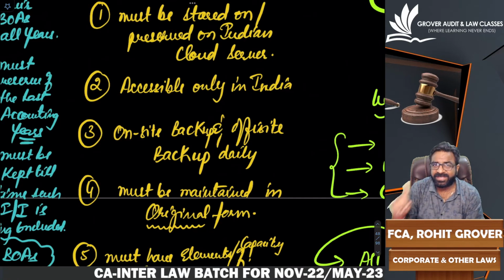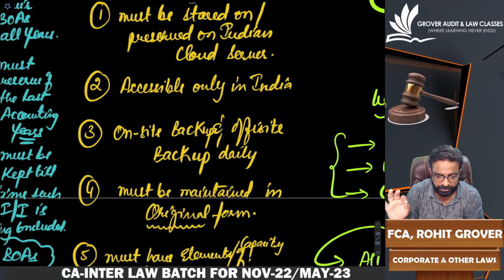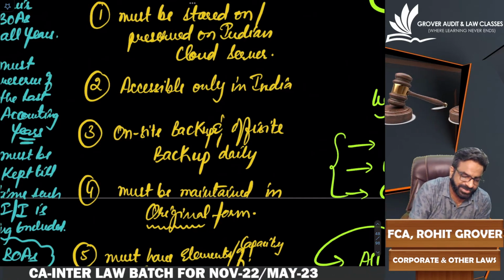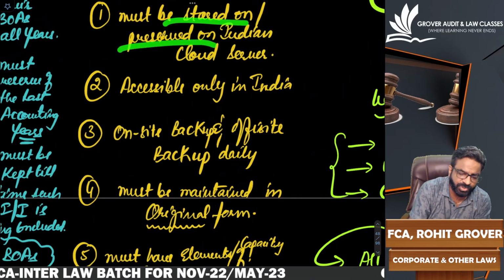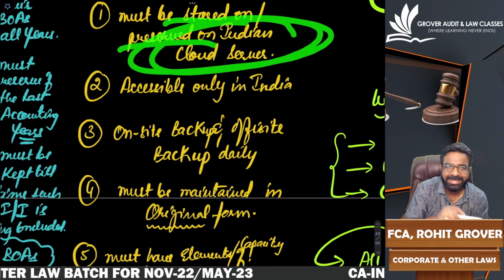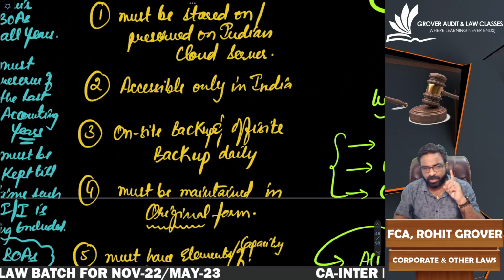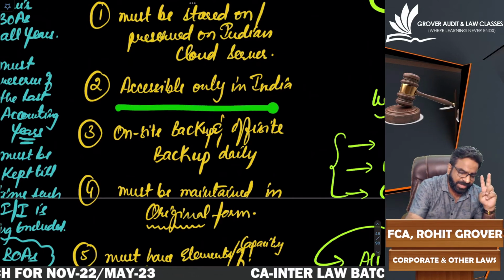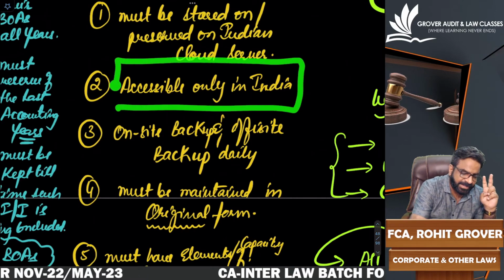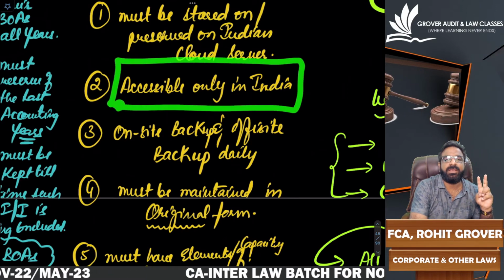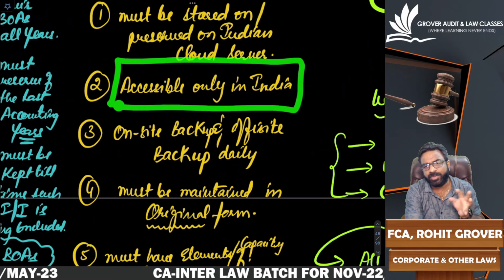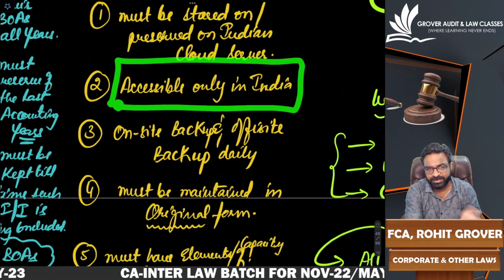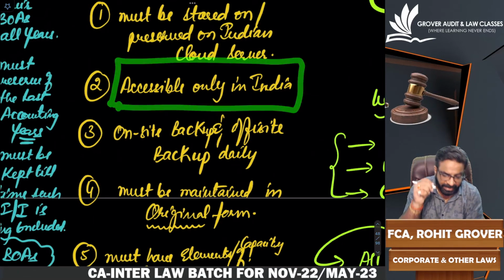Foreign cloud server allowed or not allowed? Not allowed. These books of accounts are also only accessible in India. Outside India, will you be able to open and access them? No, sir.